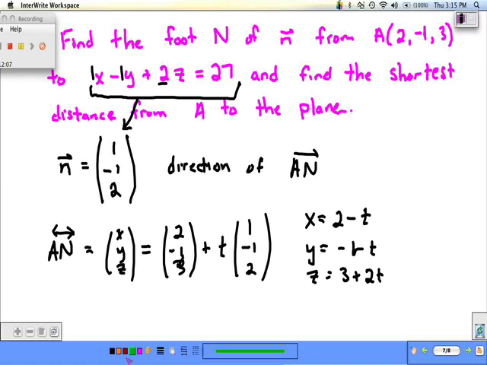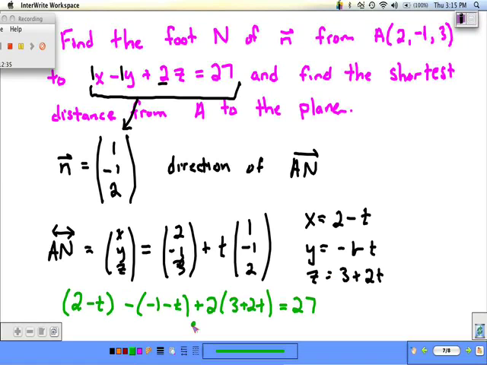This problem is like the previous one. I have a plane. I want to know where this line intersects it. So I'm going to plug in 2 minus t for x minus -1 minus t for y plus 2 times 3 plus 2t for z equals 27.